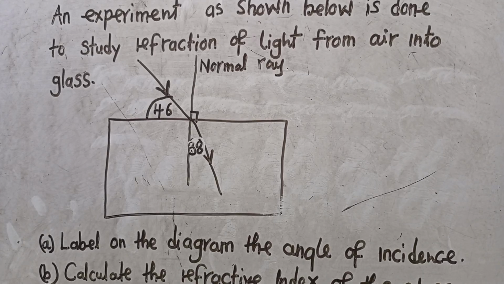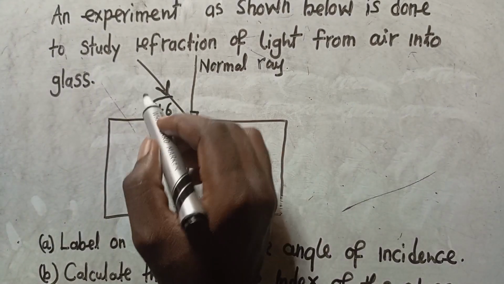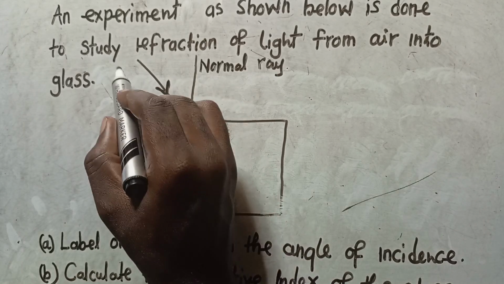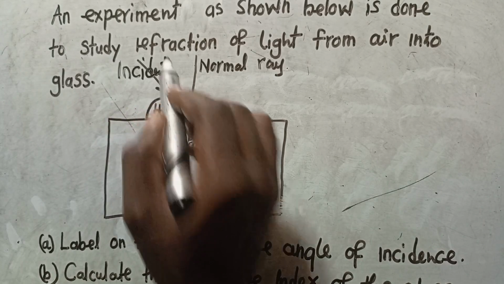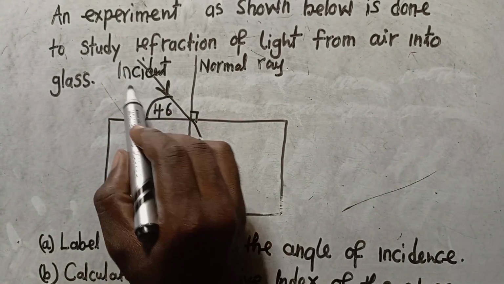So which one is the angle of incidence? The angle of incidence is between the incident ray and the normal ray. This ray is called the incident ray.